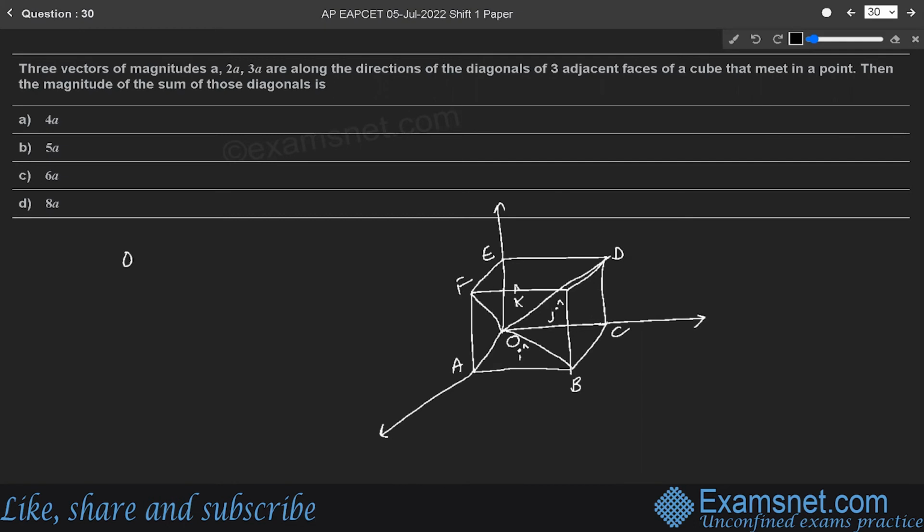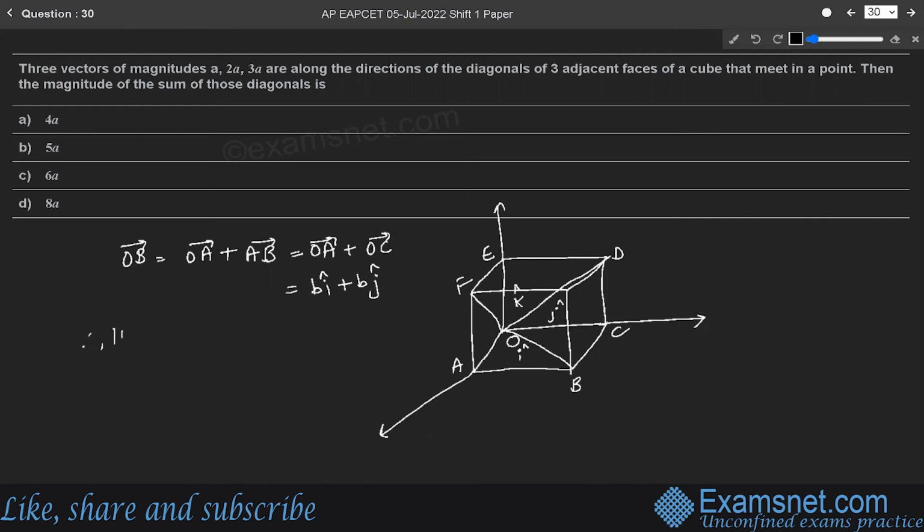We know that OB vector will be equal to OA vector plus AB vector, and this will be equal to OA vector plus OC vector, which is equal to B I cap plus B J cap.